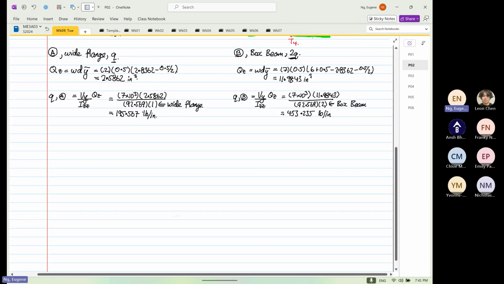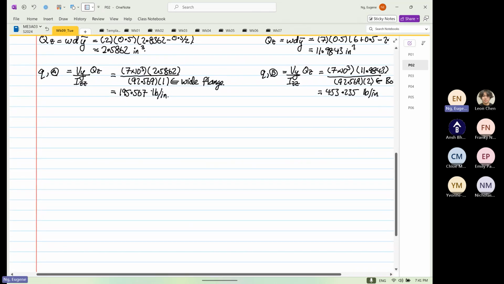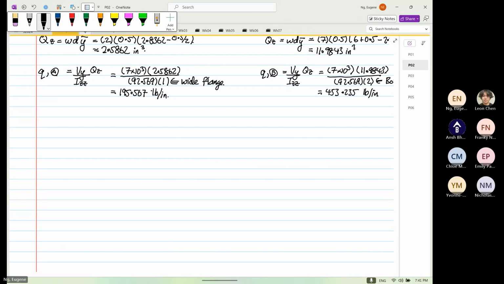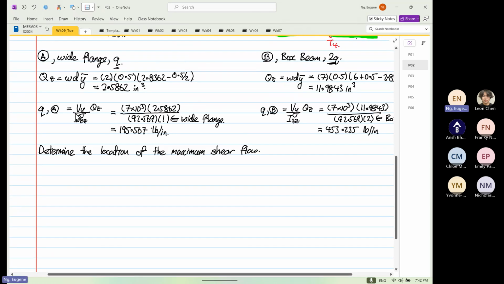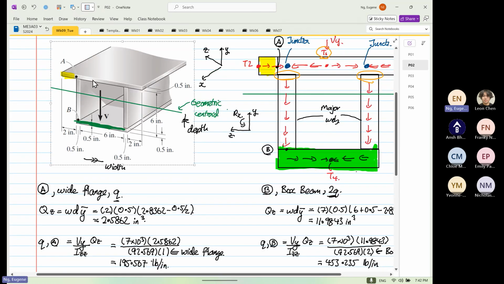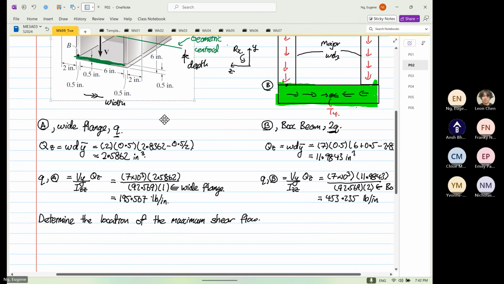So the next part is we are going to determine the location of the maximum shear flow. Okay, so I'm going to take this diagram with us.